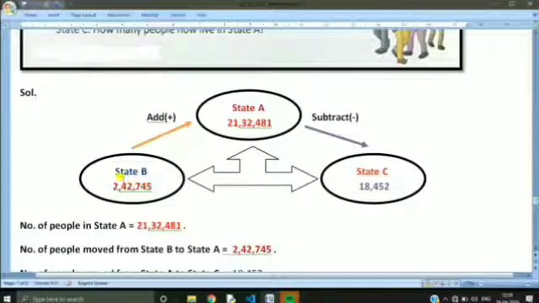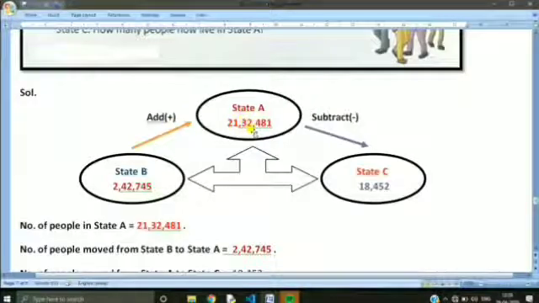Now from state B, 2 lakh 42,745 people moved to state A. So when these people move from one state to another, it means in state A we will have more people. How will we have more people? We will be adding them. By adding them we get more people. This is one part.